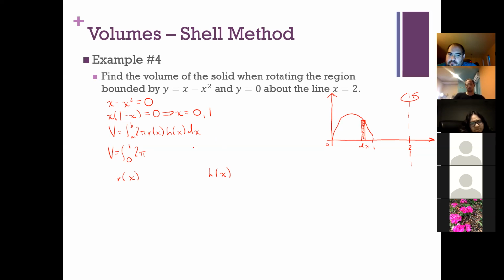Two minus x. Yeah, I think it's going to be 2 minus x. To illustrate that, let's say this strip I drew is x equals 0.8. Then how would I find the distance from this x value to my axis of rotation? That's going to come from a simple subtraction of x equals 2 minus x equals 0.8. So that'll be valid for any x value between 0 and 1.